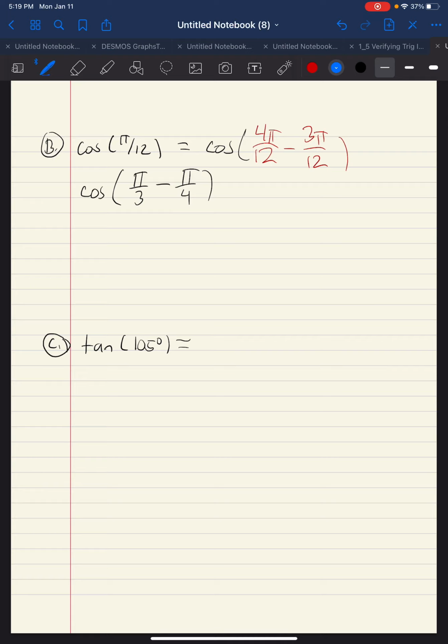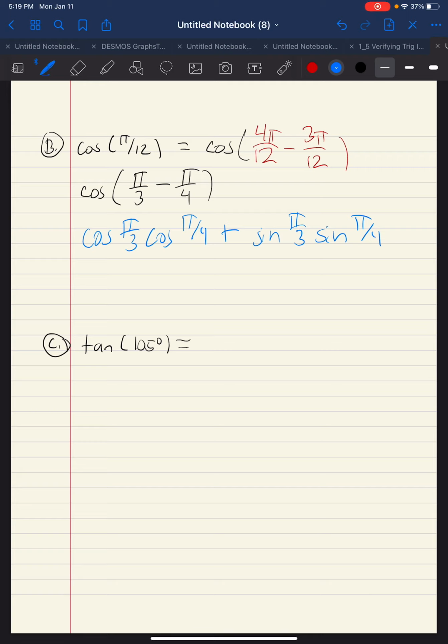If you remember, it's cos A times cos B plus, because the operation is minus here, sine A times sine B. So let's do that. We have cos of A, which is pi over 3, times cos of B, which is pi over 4, plus sine of pi over 3 times sine of pi over 4.